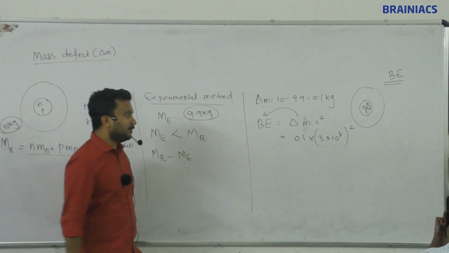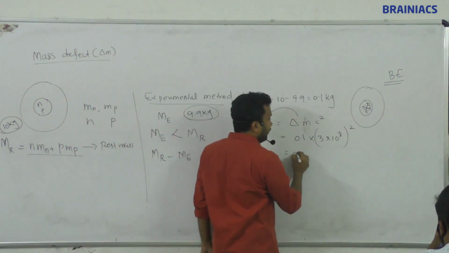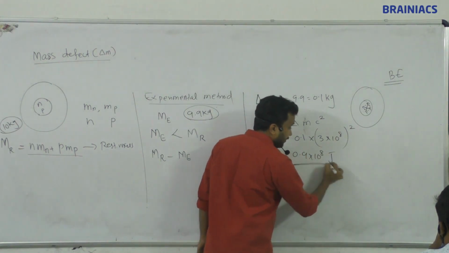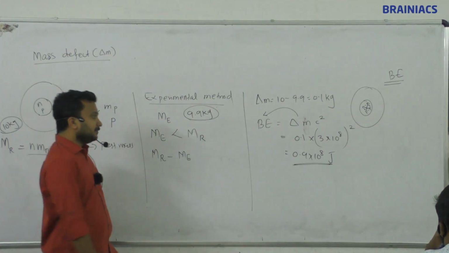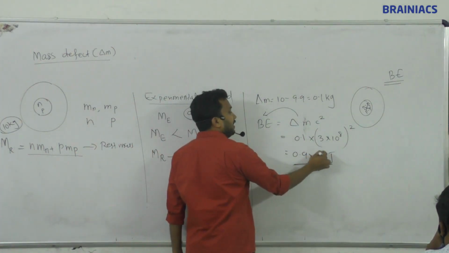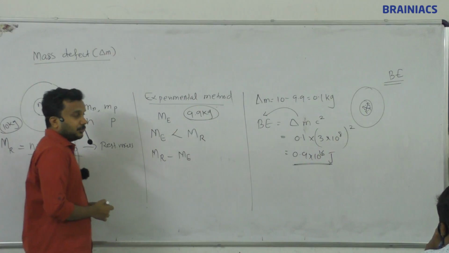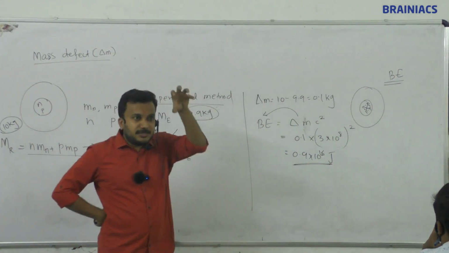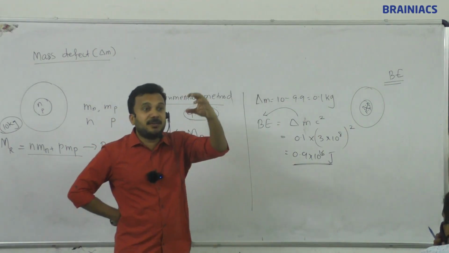If you multiply this, we get 0.9 into 10 power 16 joule of energy. It's a very large value. So a small mass can be converted into a bigger energy, which means the energy within the nucleus is very high.